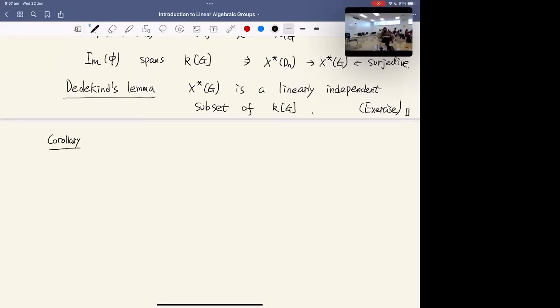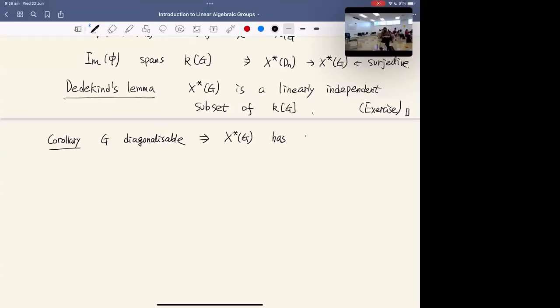Okay, so now what exactly are these finitely generated abelian groups that correspond to diagonalizable groups? What do we think? Maybe let's first write down a corollary of this theorem.